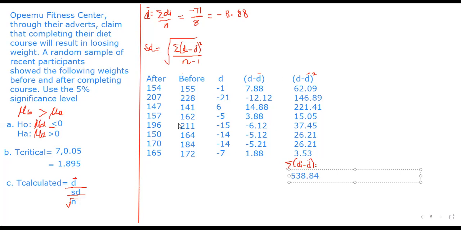Okay. So now you know this, you can move on to solve our SD. 538, punch it. n is 8 minus 1, which will be 7. So that will be our SD. You get 8.77.